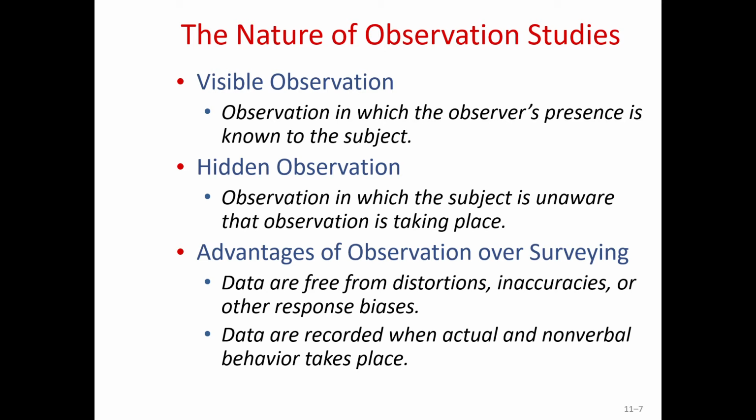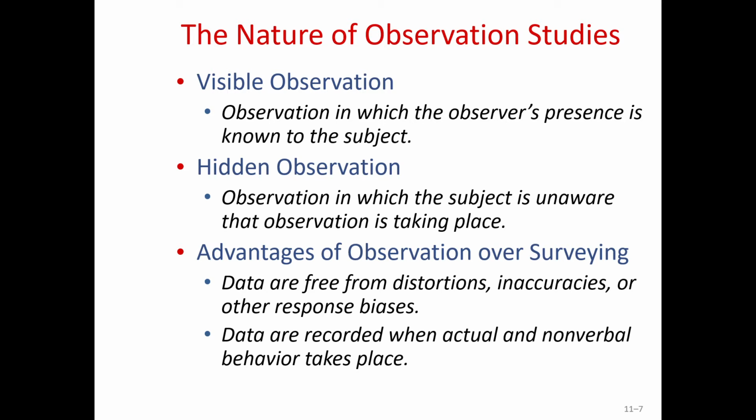Mechanical observation, on the other hand, can be performed in a supermarket, with different scanners and traffic counters that can accurately record different types of behavior that are routine, repetitive, and programmatic. Human and mechanical observation usually is unobtrusive, meaning that no communication with the respondent takes place.